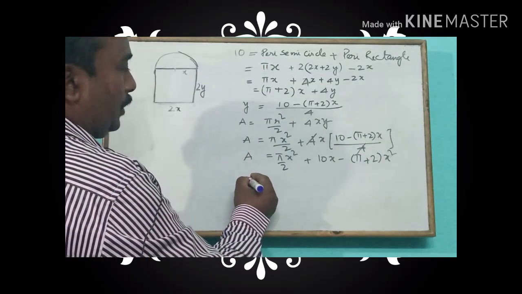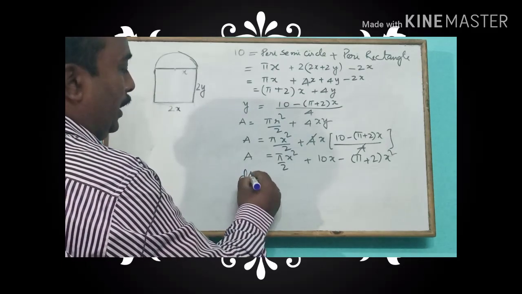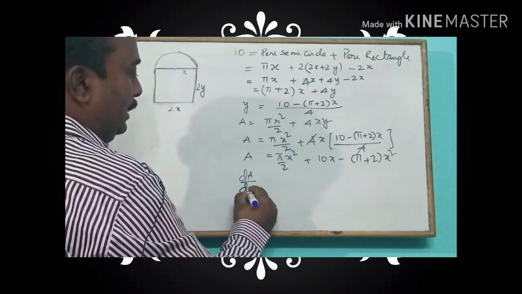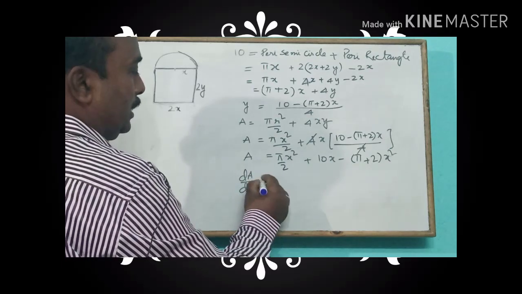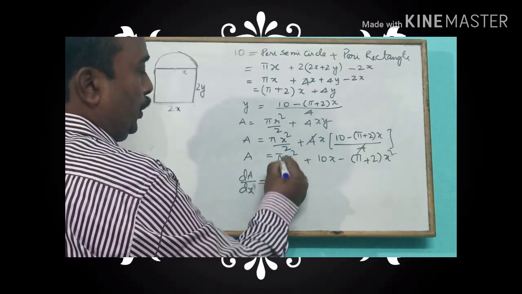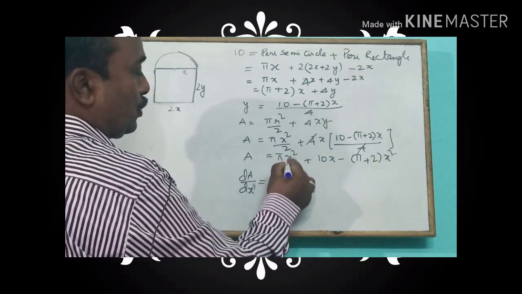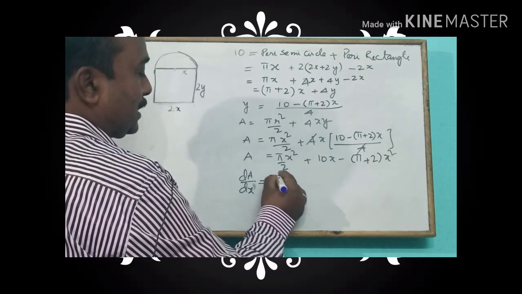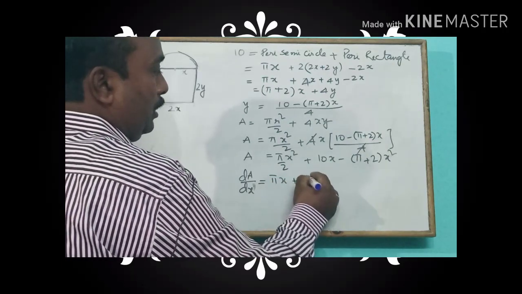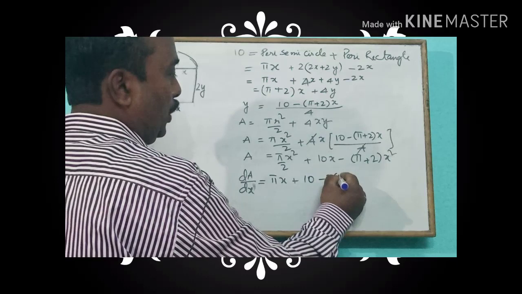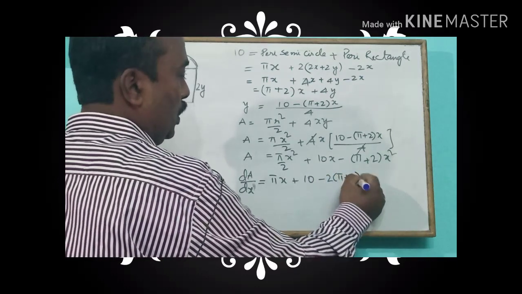Now we have to find the derivative. dA by dx, that is 2 into pi x square by 2, that will be pi x, plus 10 minus 2 into (pi plus 2)x.